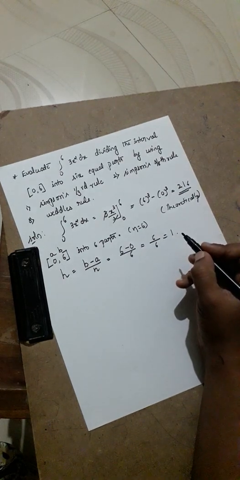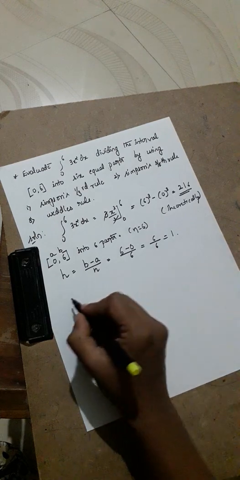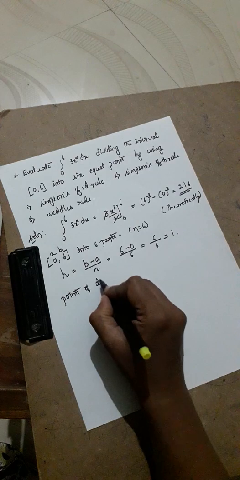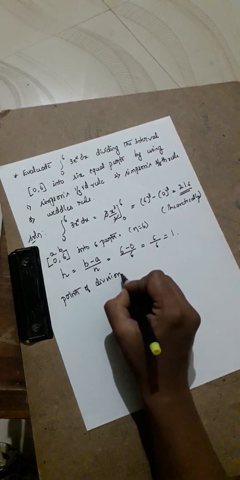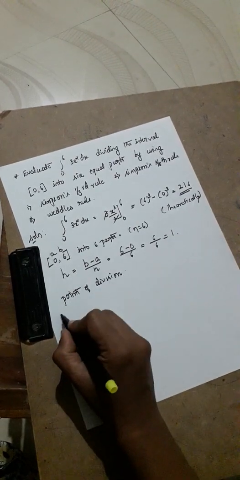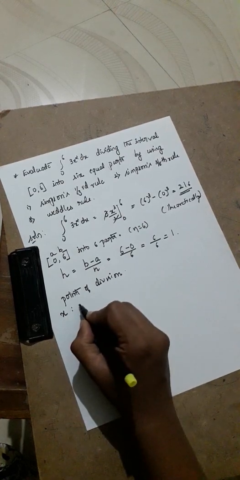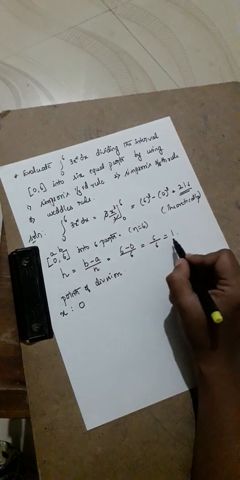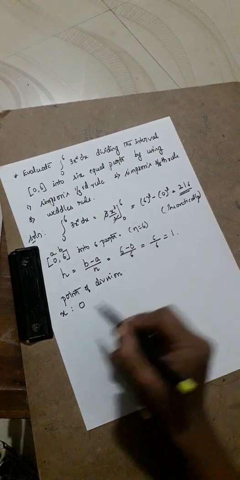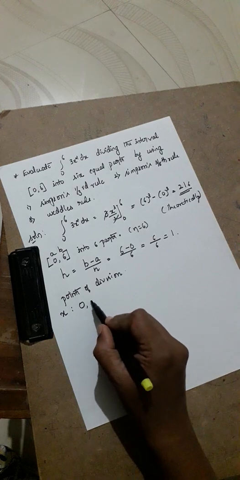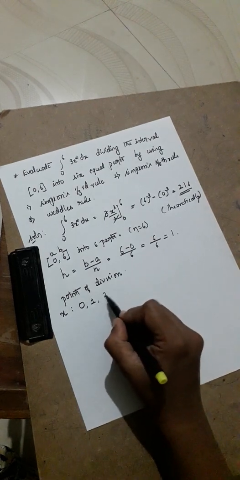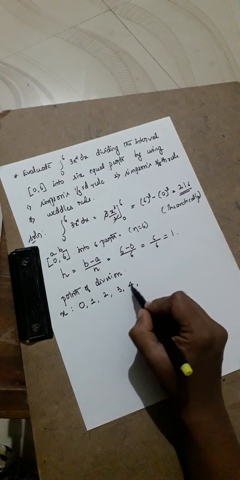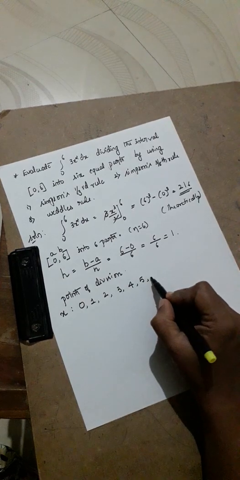Now we can find the points of division, that is the values of x. First x is 0, and we keep adding the value of h, that is x0 plus h: 0 plus 1 is 1, 1 plus 1 is 2, 2 plus 1 is 3, 3 plus 1 is 4, 4 plus 1 is 5 and 5 plus 1 is 6.